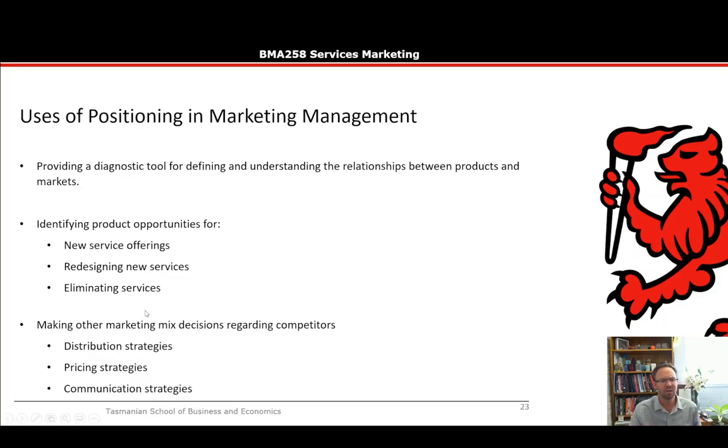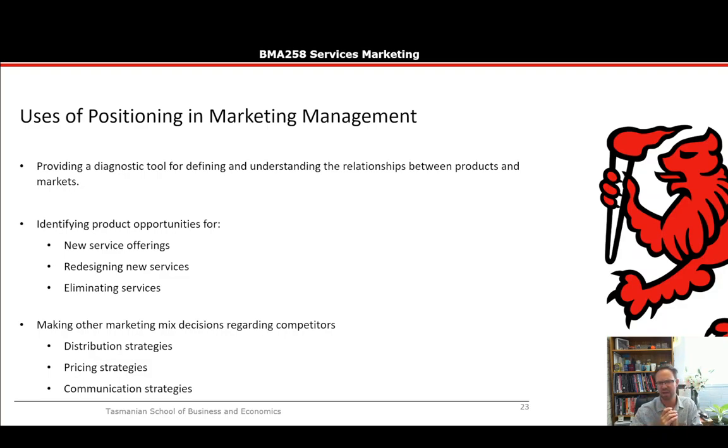Alright, now also making other marketing management decisions regarding competitors, such as distribution strategies. So does our current distribution align with our market positioning? And if we are developing a new distribution strategy, how is that going to align with our positioning as well? Pricing strategies. Now often when we talk about positioning within the market, we use quality and price, and price ends up in our positioning quite a lot, but it's not always part of price.